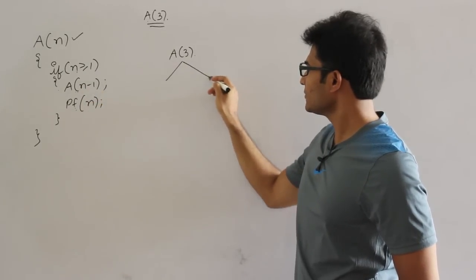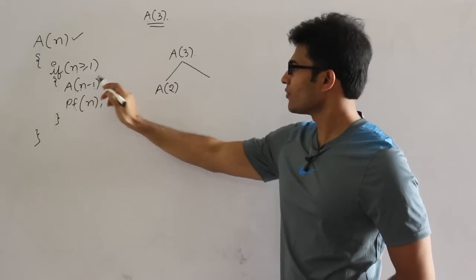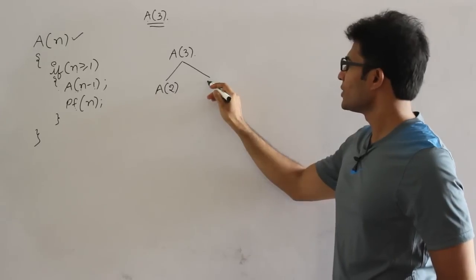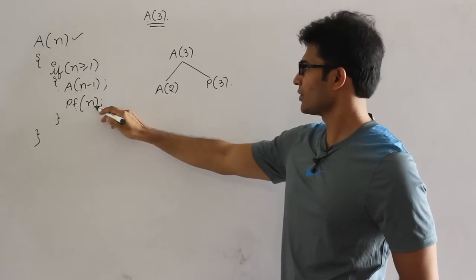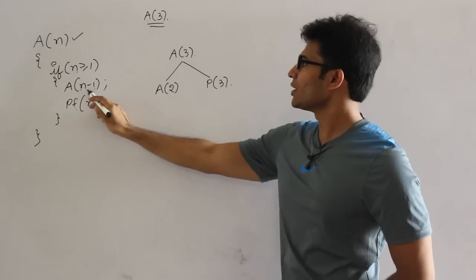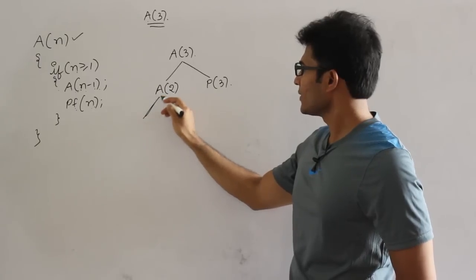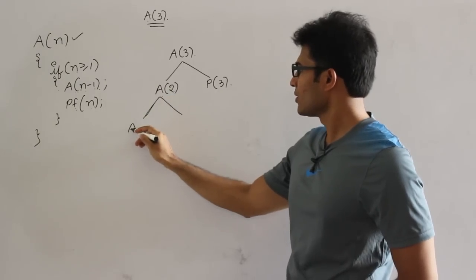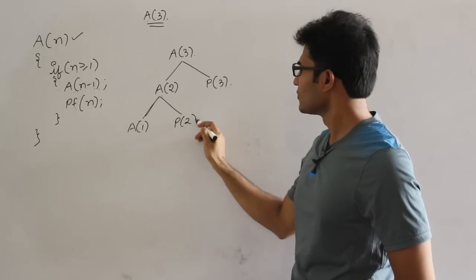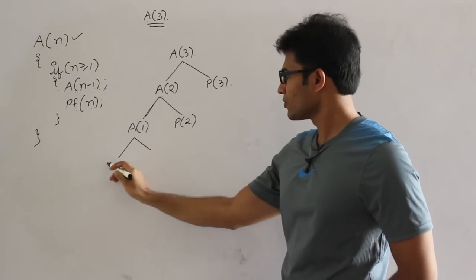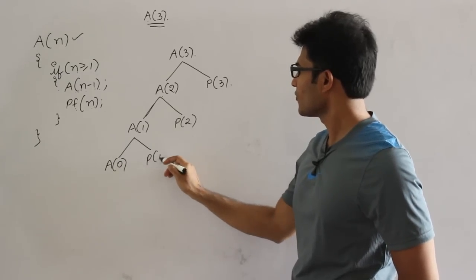A of 3 is going to call A of 2 by A of n minus 1, and then printf 3, printf n. Again A of 2 is going to call A of 1 and then printf 2, and A of 1 is going to call A of 0 and then printf 1.